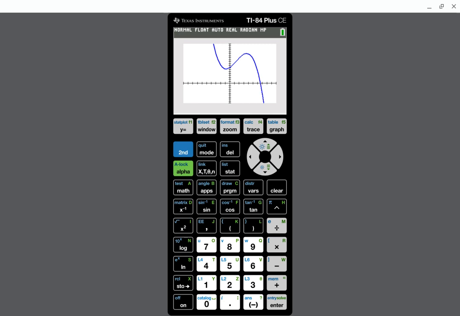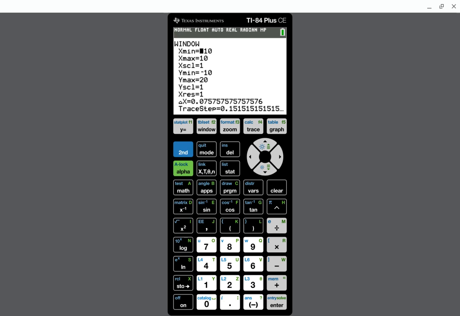And in this case, it's only hitting the x-axis once, so there'd only be one zero. If you need to increase the bottom of the screen or make it go lower, then you just simply hit window and change that number to say negative 20, and you'll see now it shows further down.